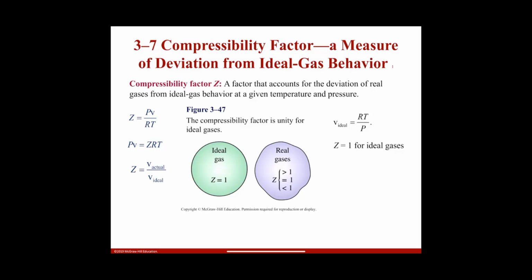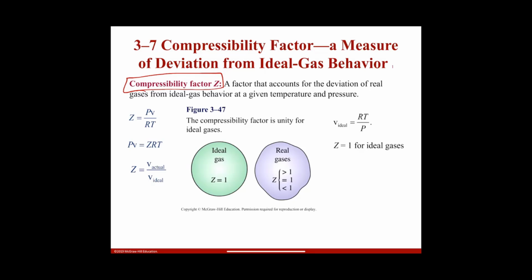Like I told you in chapter number 2, in engineering, we study the ideal cases so we can then adapt that to the real cases. So when we are dealing with ideal gases, this is not an exception. There is something called the compressibility factor Z, and this factor pretty much accounts for the deviation of real gases from ideal gas behavior.